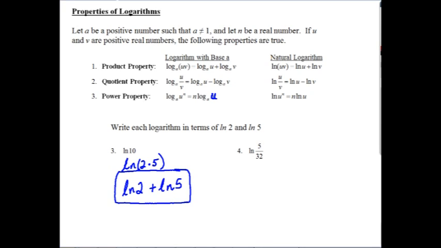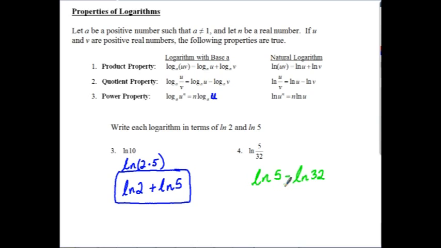Now this one looks a little bit different over here. Natural log of 5 divided by natural log of 32. So let's follow the quotient rule. And the quotient rule says if you're dividing them, you can really turn them into subtractions. So let's do natural log of 5 minus natural log of 32. But we got to get in terms of natural log of 2 and natural log of 5.